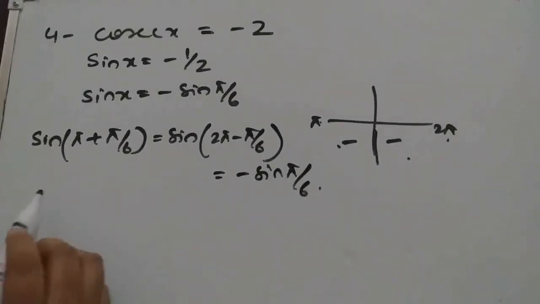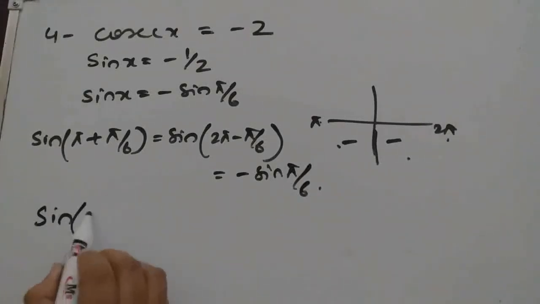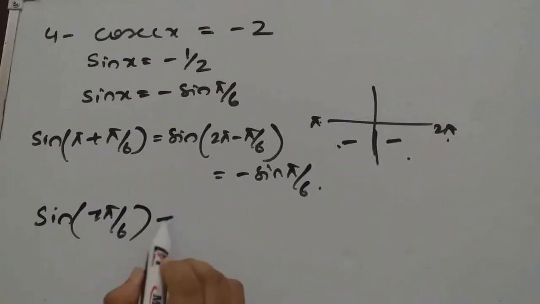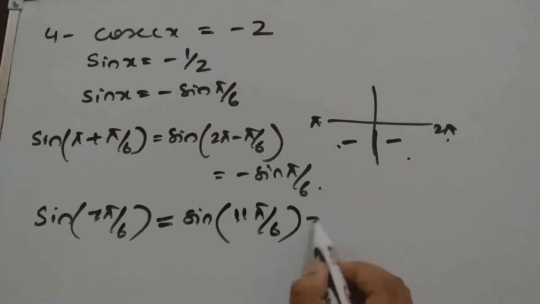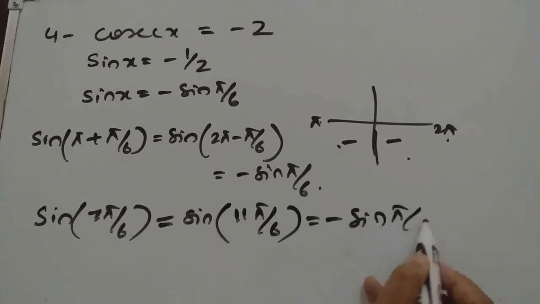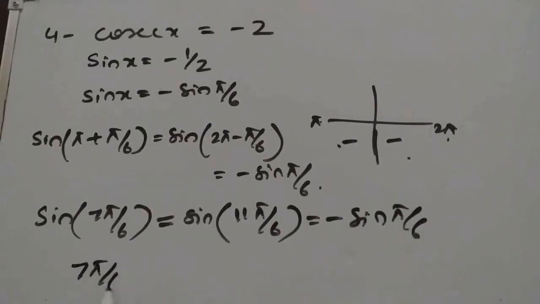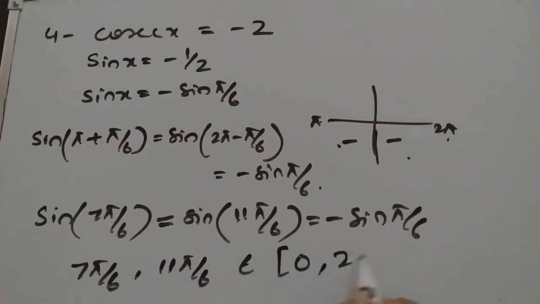So this is 7 pi by 6 and this one is 11 pi by 6. So we will write 7 pi by 6 and 11 pi by 6 both belong to this interval.